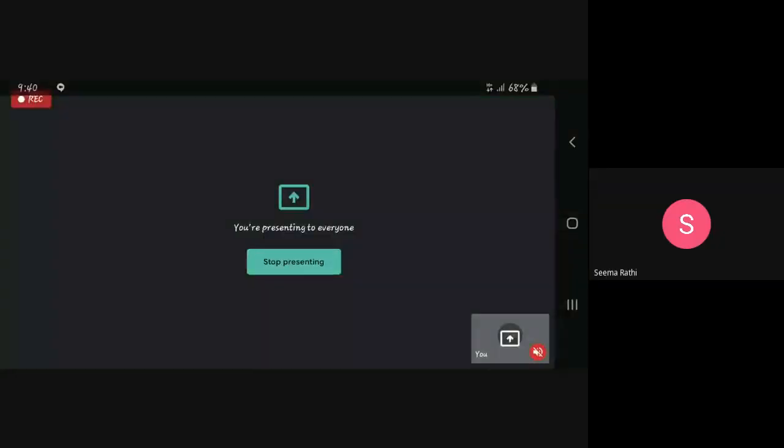Okay. The question: do all animals possess a circulatory system? No. Animals like hydra and sponges do not possess a circulatory system because they live in water. Screen is not visible. Now it's visible.